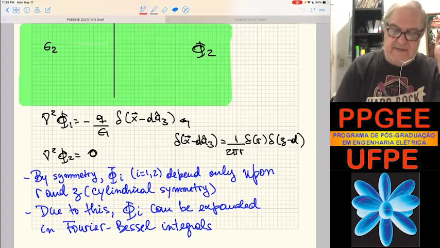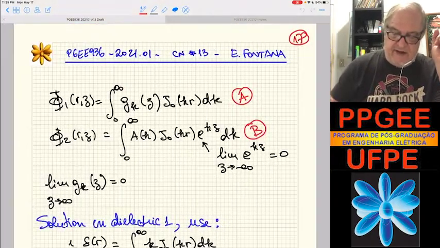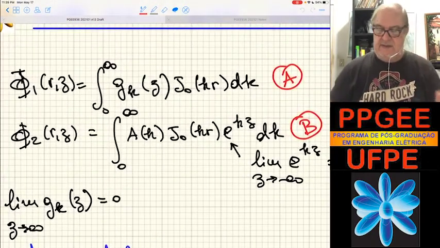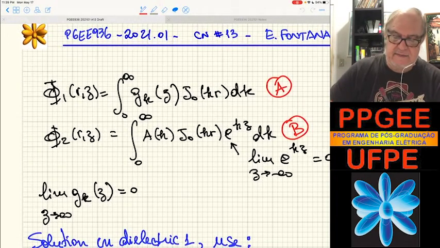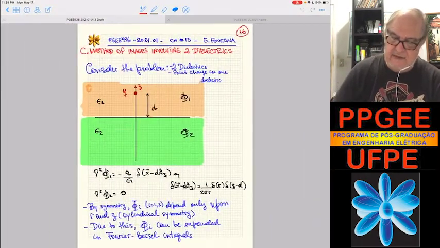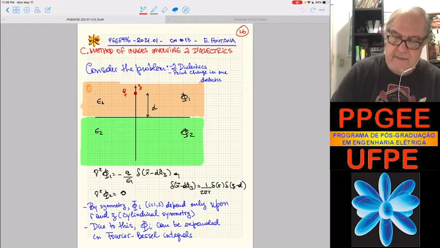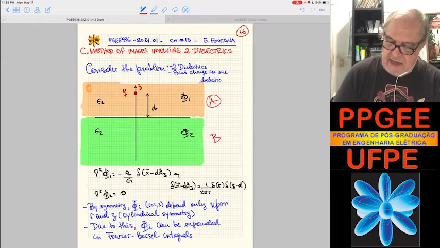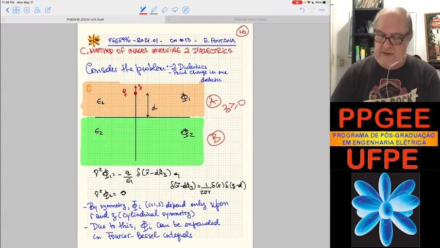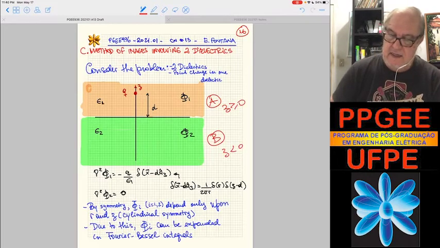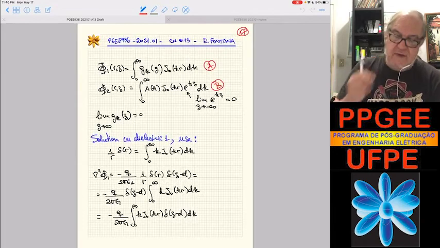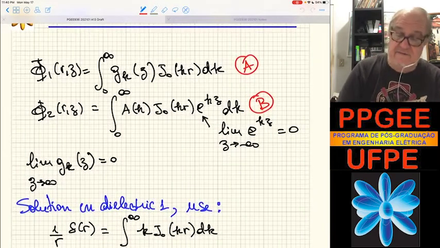Because of this, you can expand the functions in both regions. Region A is the upper part, z larger than or equal to 0. Region B is z smaller than or equal to 0. In region A, we are going to have a certain function.